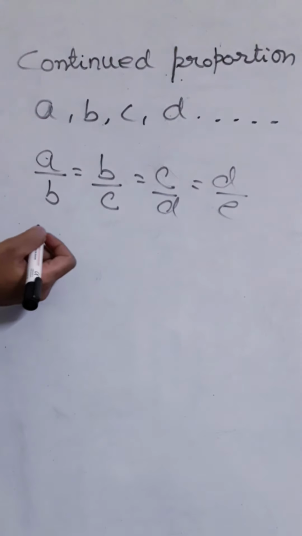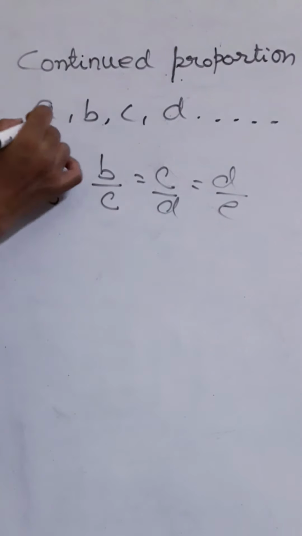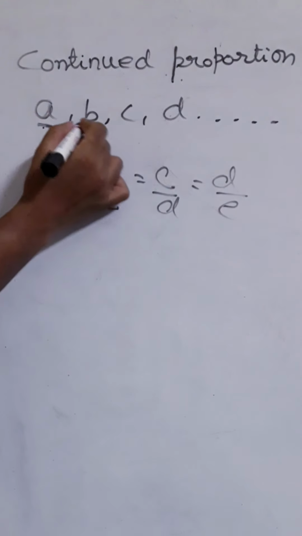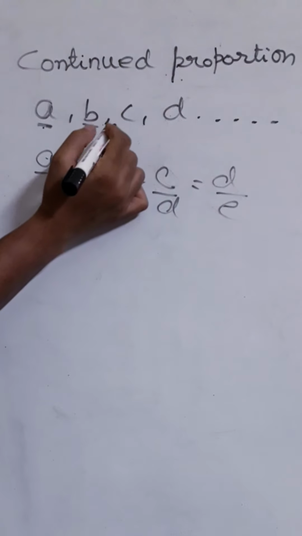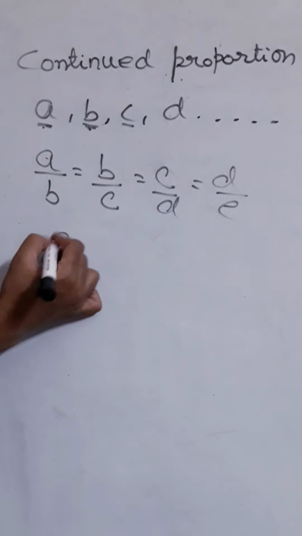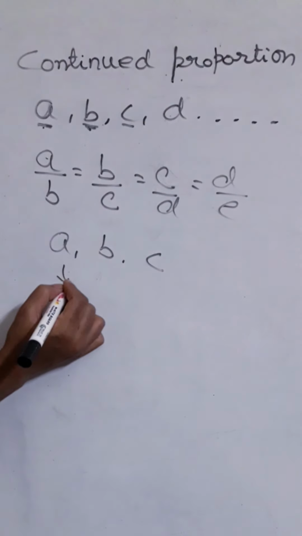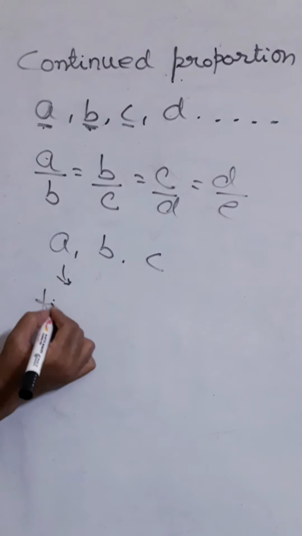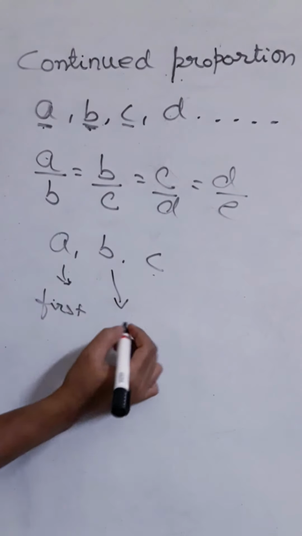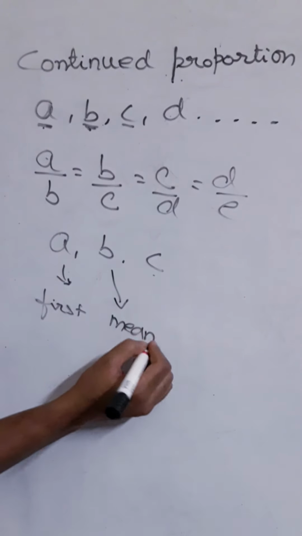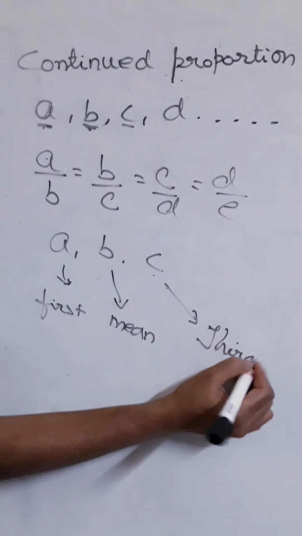Now a is called your first proportion, b is called your mean proportion, c is called your third proportion. If I am taking only three, a, b and c, a is called your first proportion, this is called your mean proportion and c is called your third proportion.